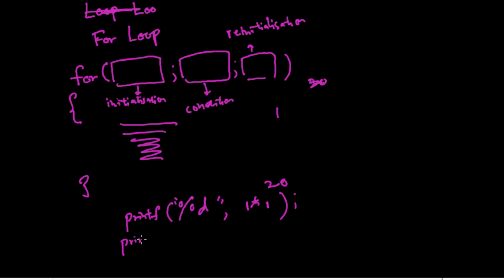Second, I will have to use printf %d, 2 times 2. This will display 1. This will display 4. Now, how do I shorten it without writing 20 lines of codes for this one?